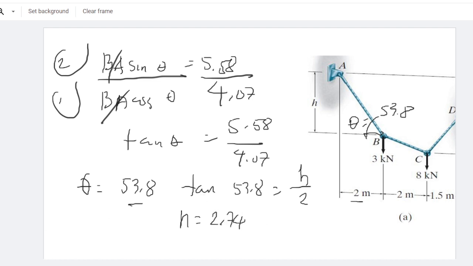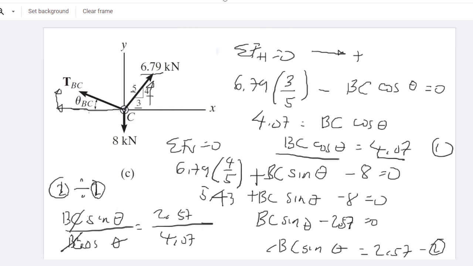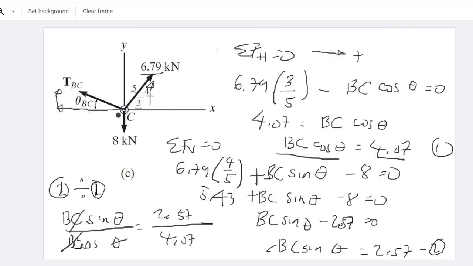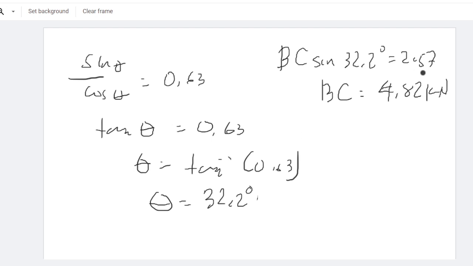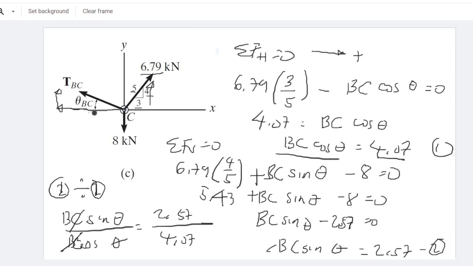This will give you 2.74 meters. Take note that in our calculation we started from here, got the value of D, and then got joint C. Once getting the value of theta at BC, 32.2, we calculated BC as 4.82. The angle 32.3 is the same as theta BC.